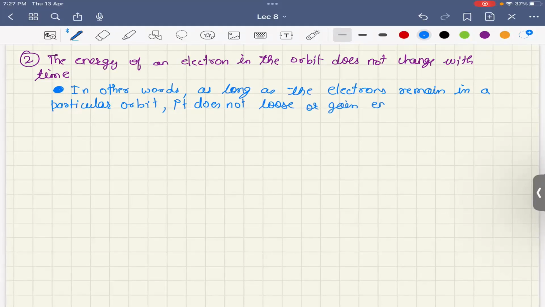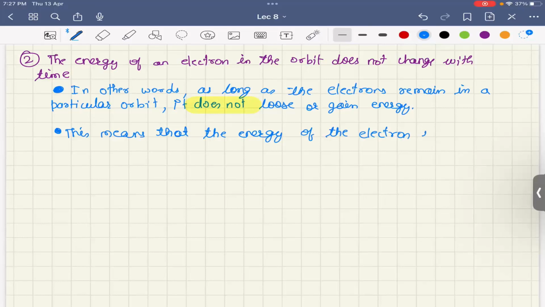This is very important. What does this mean? This means that the energy of the electron in a particular energy shell remains constant.